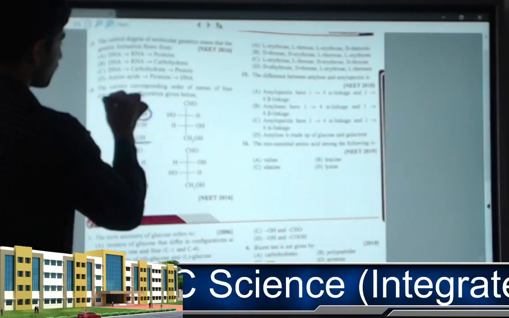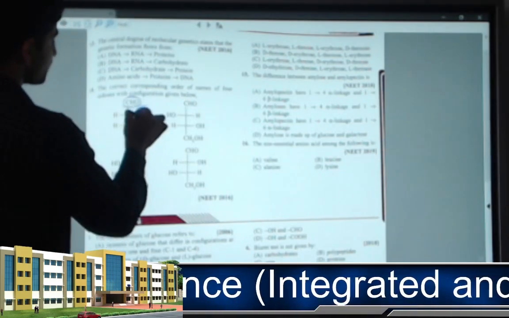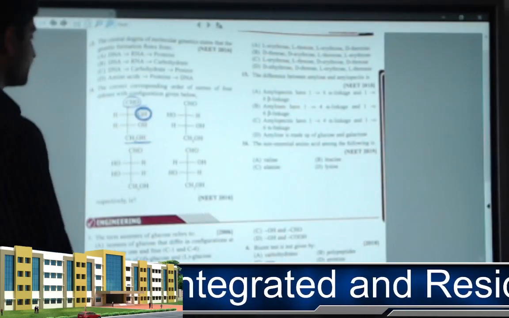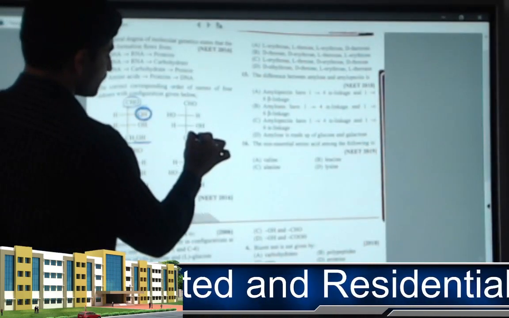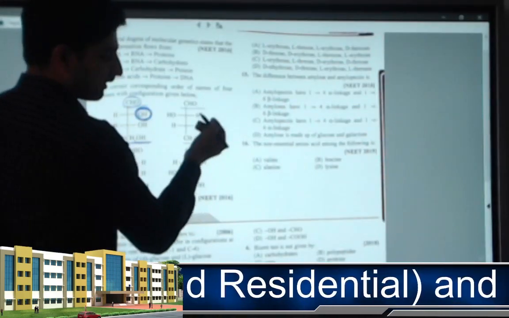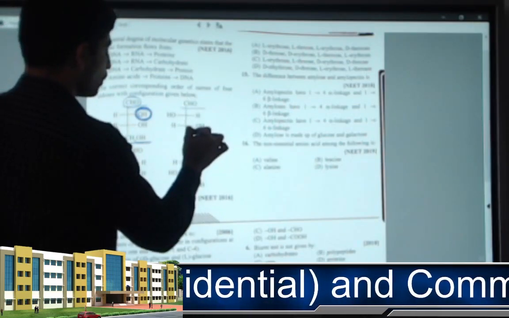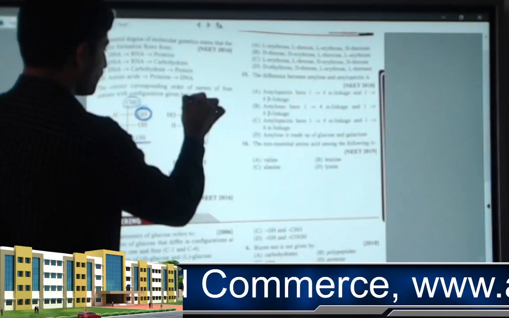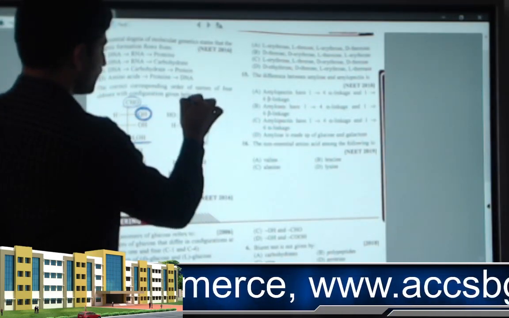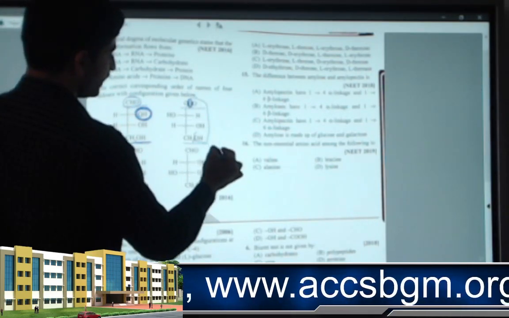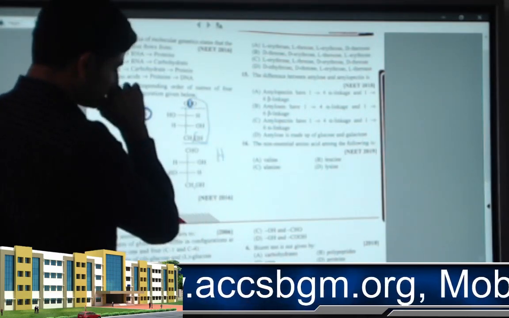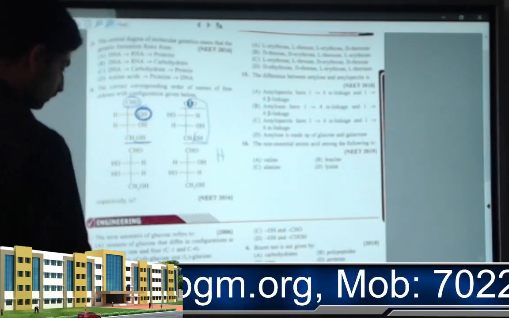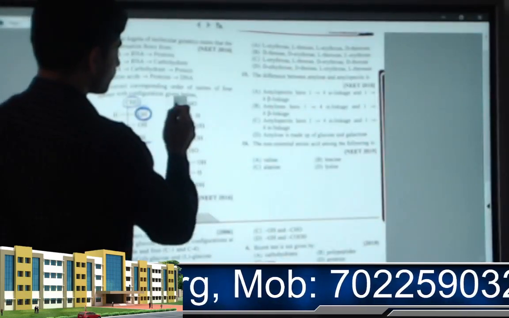One is an aldehyde group and another one is an alcoholic group. See what is going to happen? CH2 and CHO can form a bond. So one of the OH can combine with the H of this.